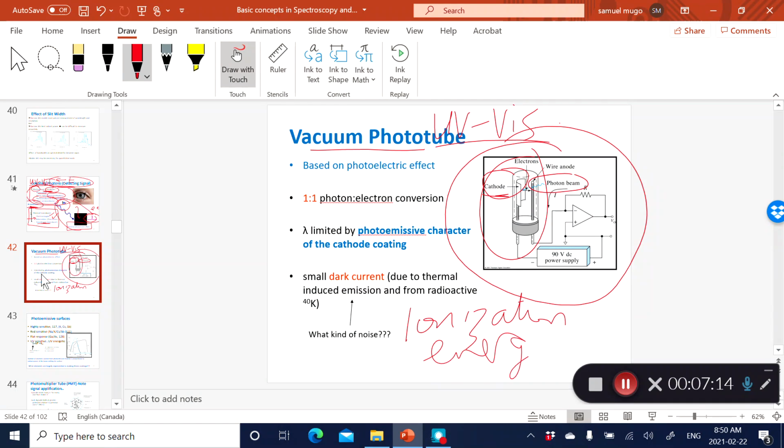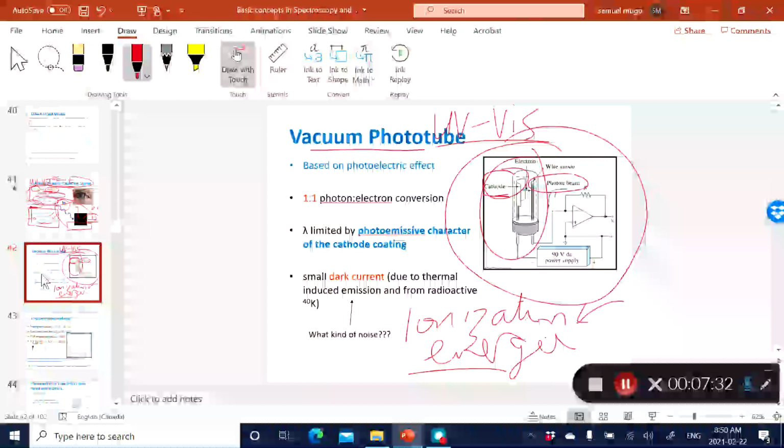Okay? If you look at the ionization energies of the group 1 and group 2 elements, you will realize that they have fairly low ionization energy, meaning they don't need a lot of energy from a photon to cause the release of an electron.